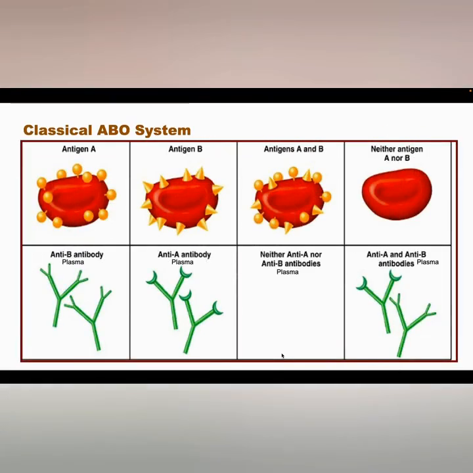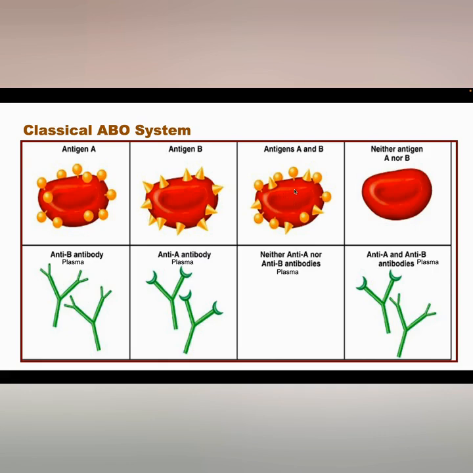In the classical ABO system, I want to talk a little more clearly. See antigen A, how it is shown in the figure, and antibodies in the plasma. Antigen B, a triangular antigen-like structure, and antibody in the plasma.